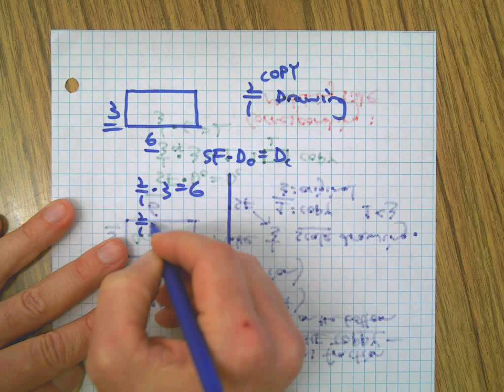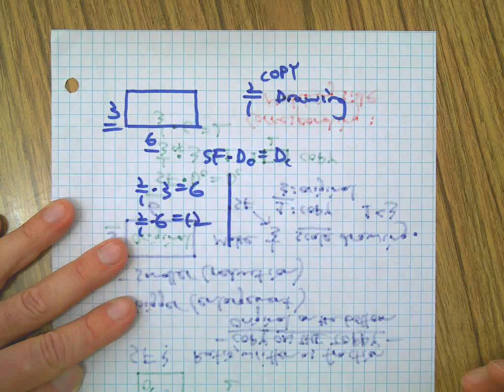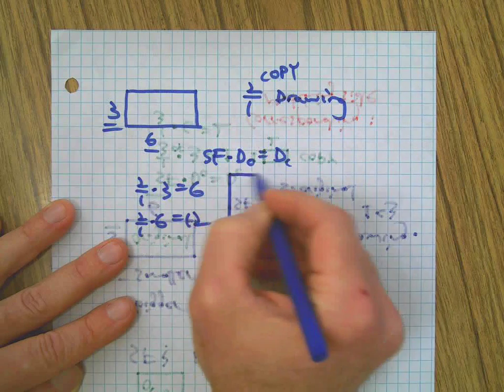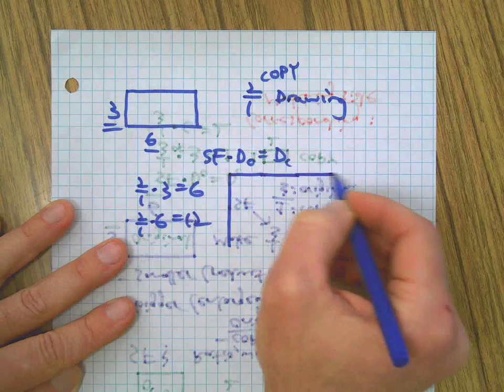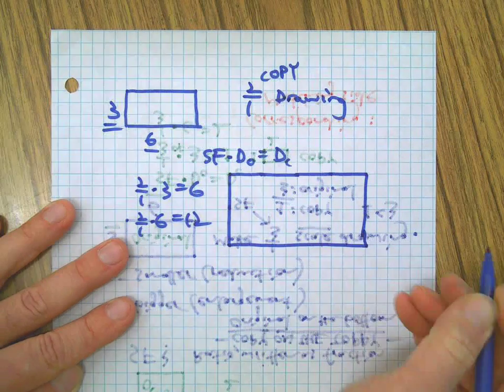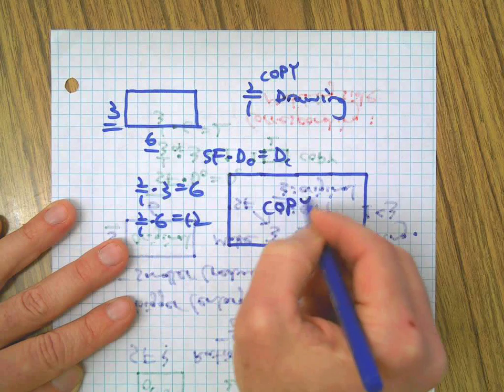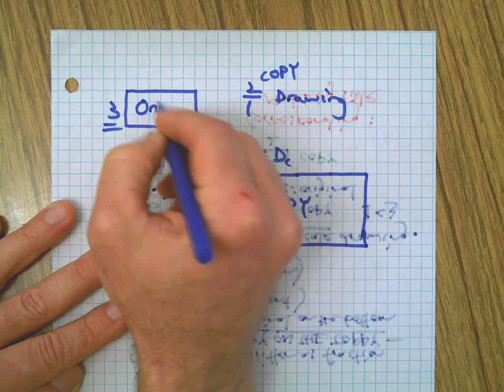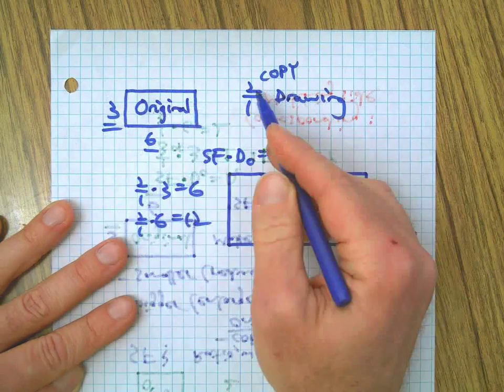Then I'm going to take my 6 times the scale factor. Gives me 12. 3, 6, 9, 12. And there's my copy. There's my original.